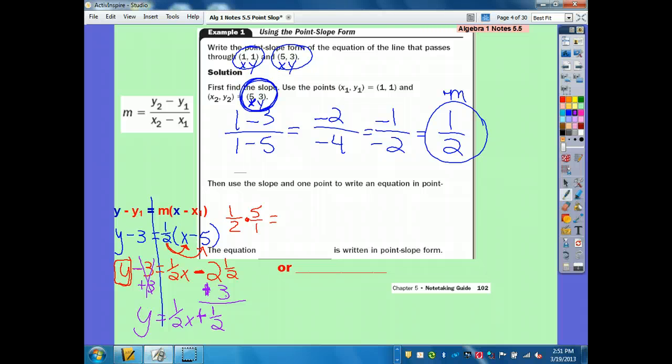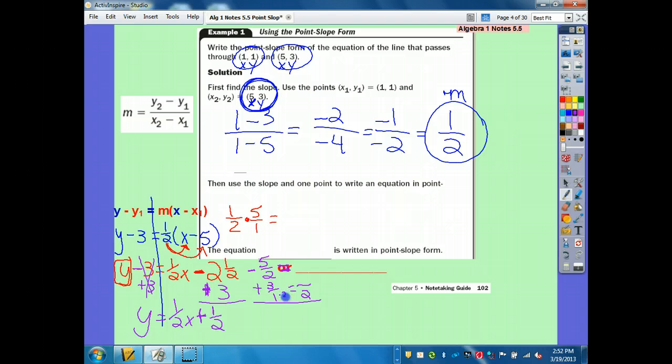Or we can go over here and do, if we left this in, we'd have a minus 5 over 2. This is a positive 3 over 1. What denominator has to be changed? The 1 or the 2? Which one of these denominators? The 1 has to become a 2.